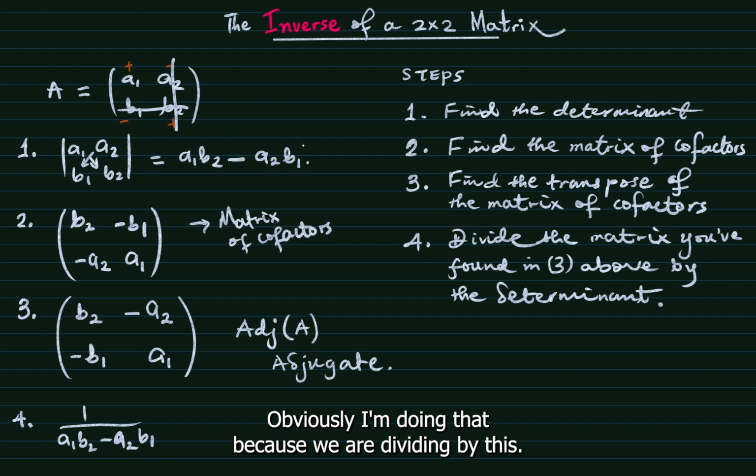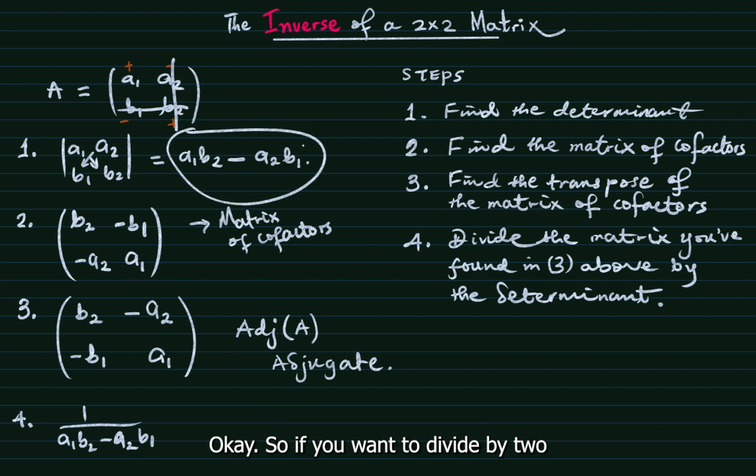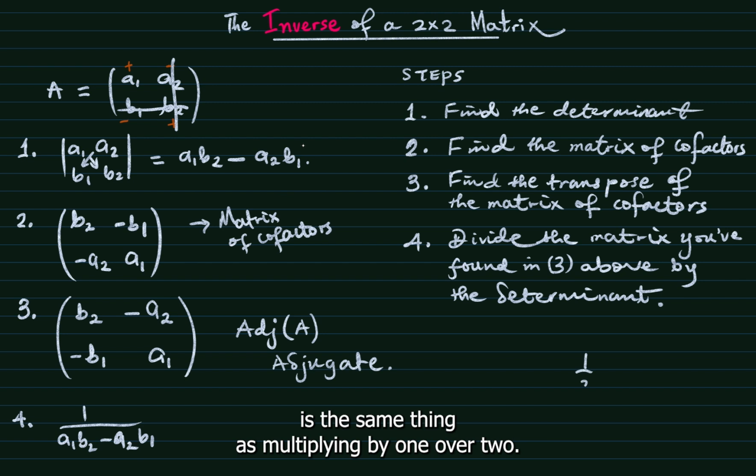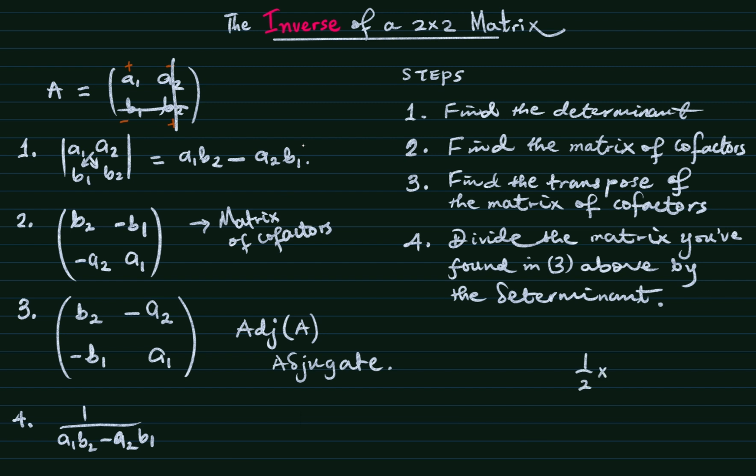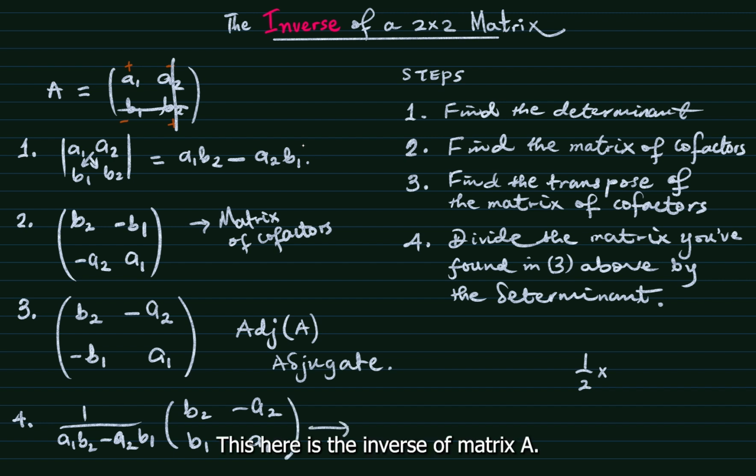Obviously I'm doing that because we are dividing by this. If you want to divide by 2, it's the same thing as multiplying by 1 over 2. So 1 over that, multiplying the matrix B2, minus A2, minus B1, A1. This here is the inverse of matrix A.